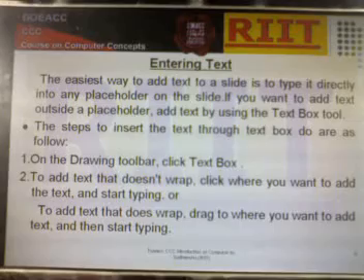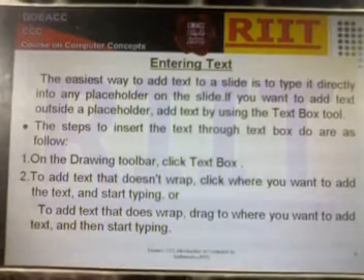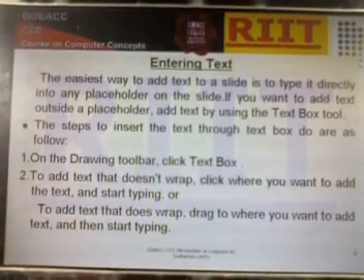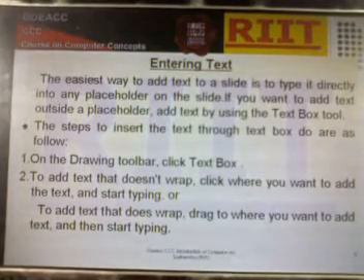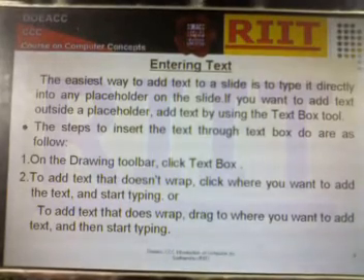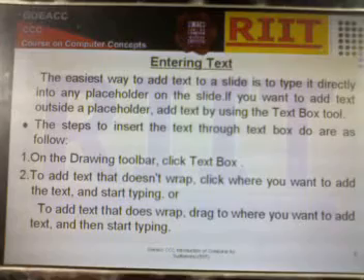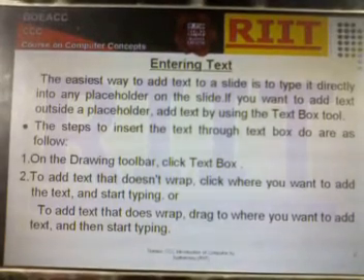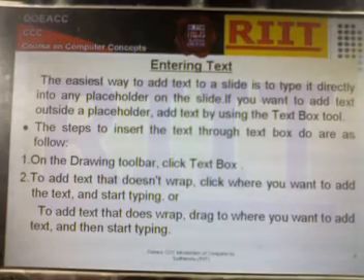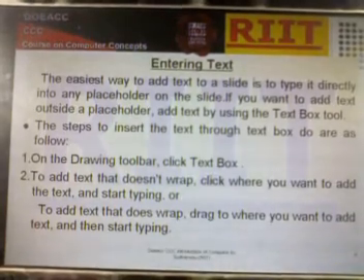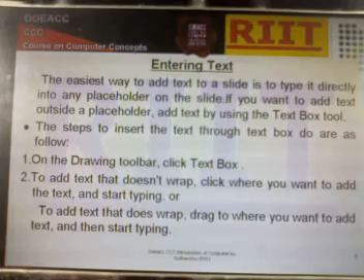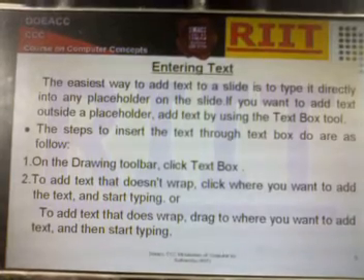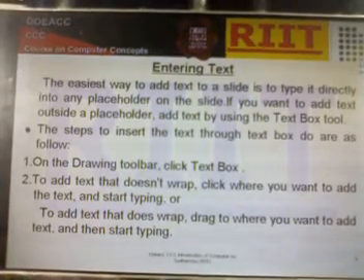Entering text. The easiest way to add text to a slide is to type it directly into any placeholder on the slide. If you want to add text outside a placeholder, add text by using the text box tools. The steps to insert text through a text box are as follows.